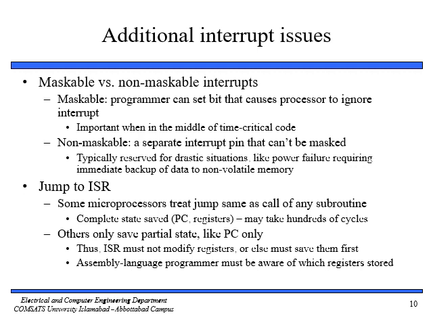Now, others only save partial state. So in computers and microprocessors that do not treat the interrupt service routine as a complete subroutine, they only save partial state, like only the PC. We are not going to save the value of all the registers. Thus, the ISR may not modify registers.